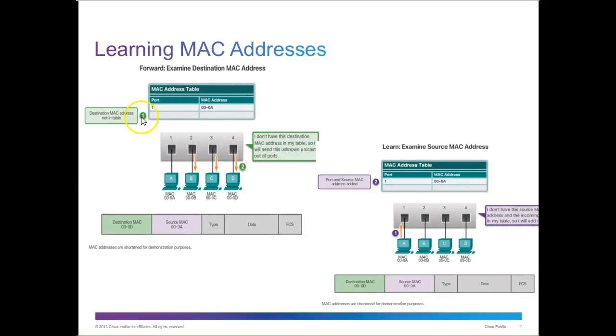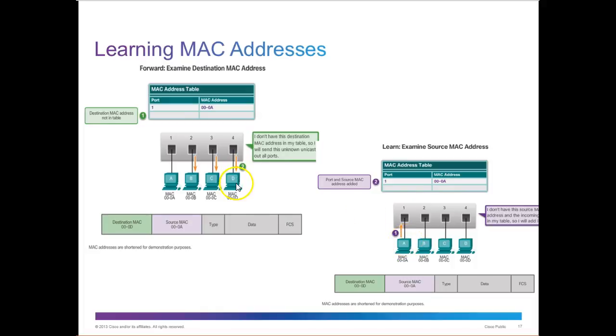If a computer sends a message in from A, and the switch hasn't seen that destination address before, it will flood it out all the ports except the one where it came in. Then whoever has that MAC address will respond back, and the switch will know what port it's in.